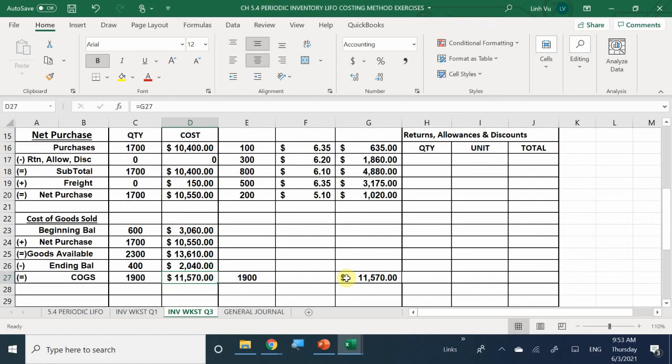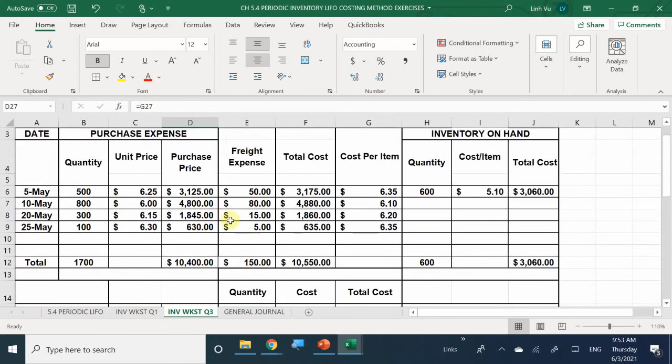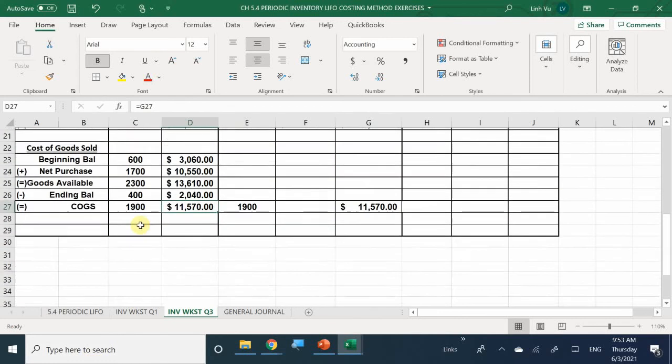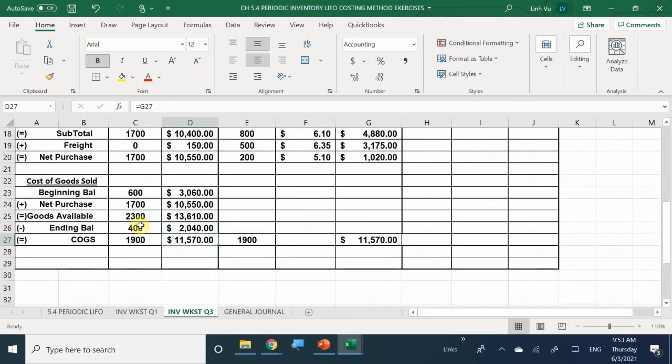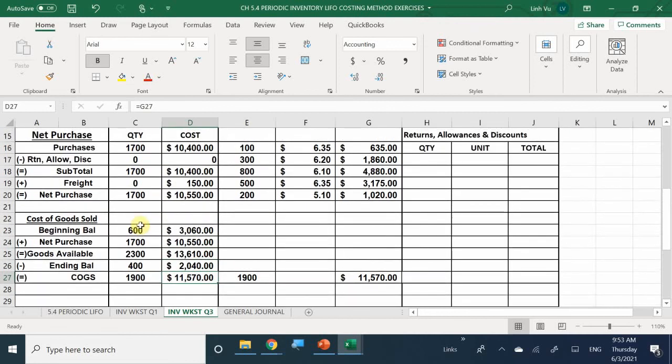So this time we're taking our batches of inventory starting from the very bottom and making our way up to the top, whereas yesterday when we learned FIFO, we started from the top and made our way down to the bottom. Any questions about FIFO? No, I'm sorry, LIFO. Did I say FIFO? LIFO. So let's go ahead and complete our conversion entry.